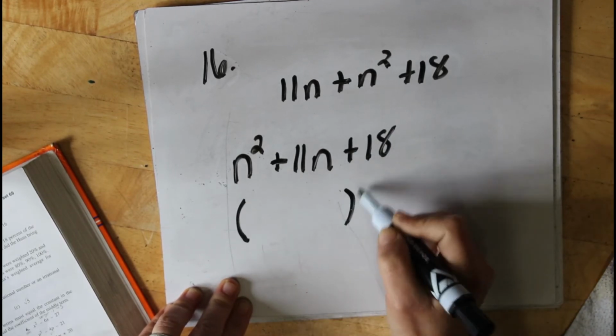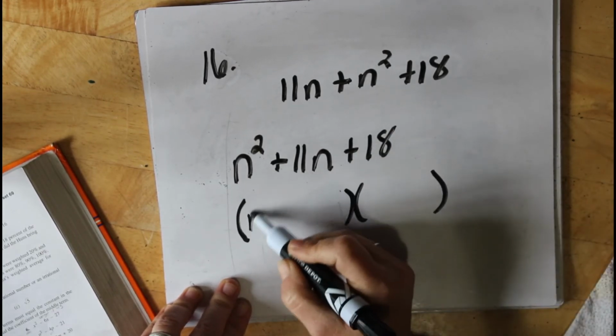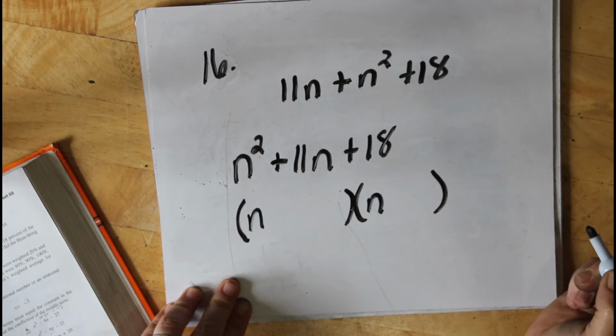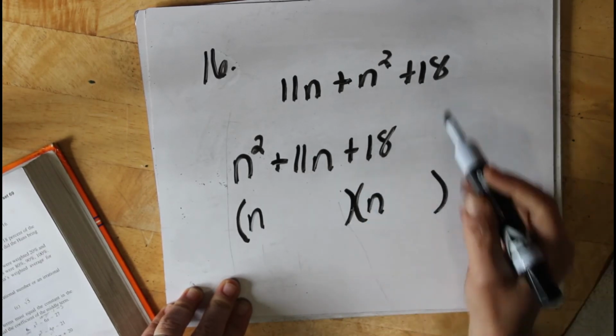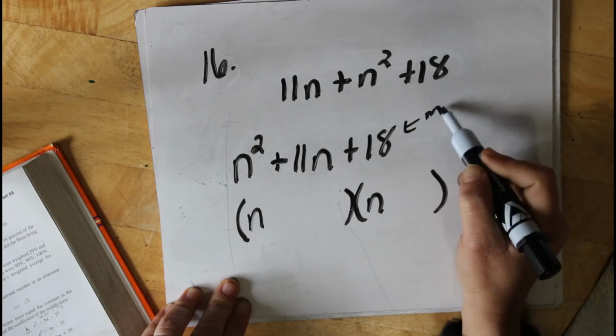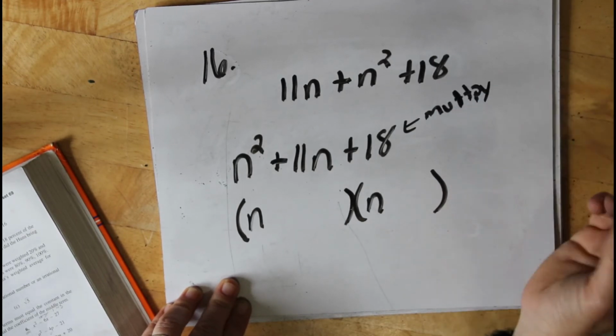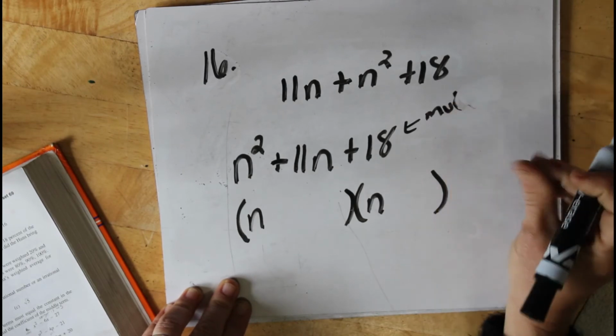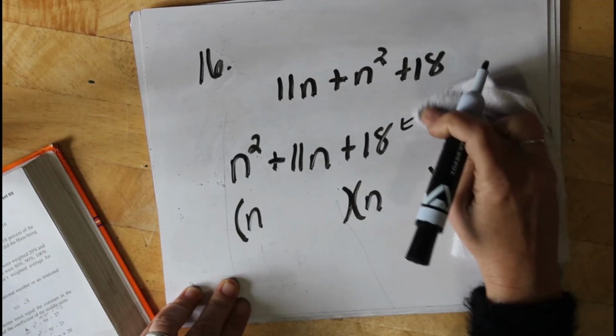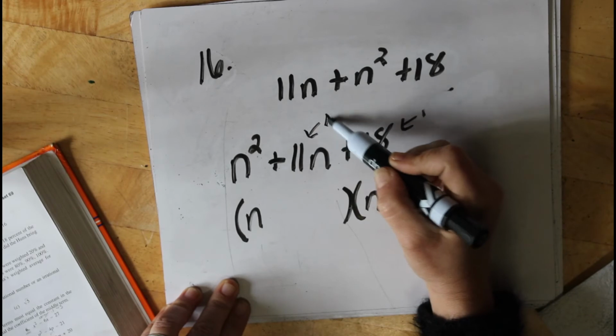We're going to draw parentheses and put in our n's. And now we need two numbers that when we multiply them, we're going to get 18, and when we add them, we're going to get 11.